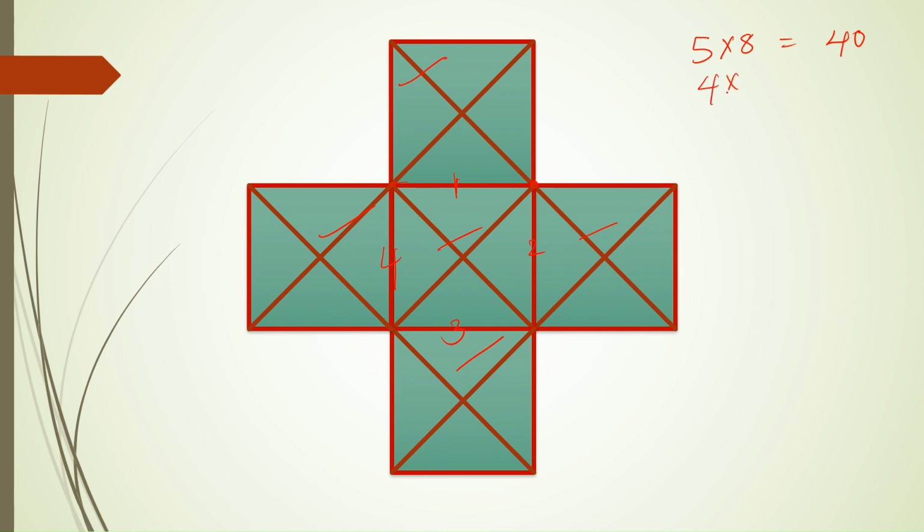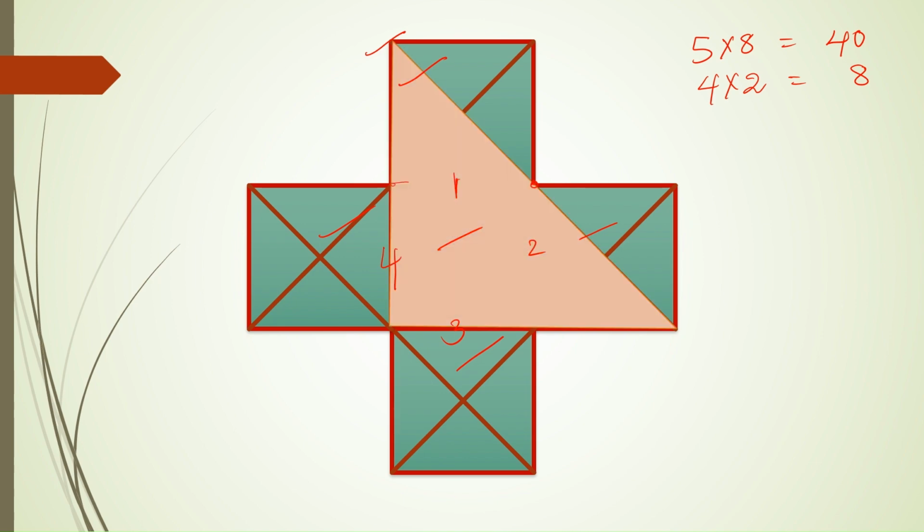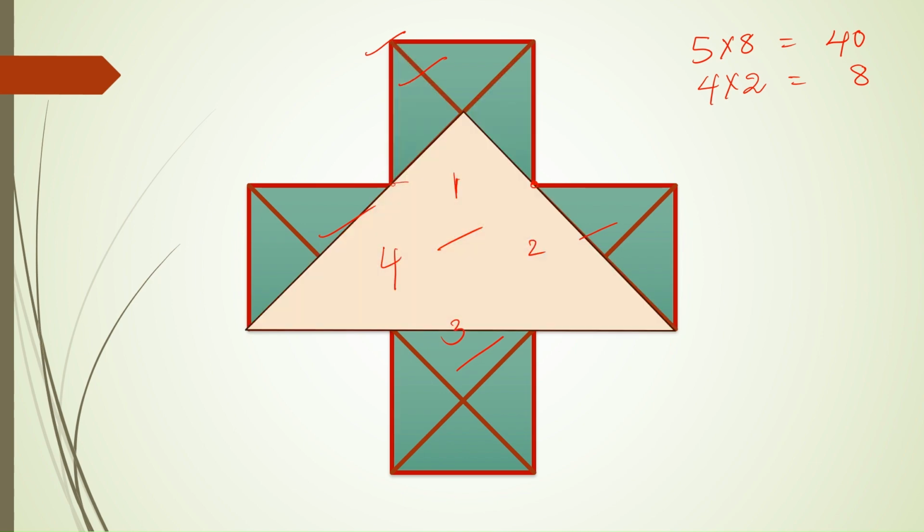So 4 into 2 makes 8 triangles, and if you see, this upper square is attached to the remaining part of the figure, and because of that we'll have 1, 2 and 3 triangles. Similarly, using this square and the remaining part there will be 3 triangles. Using this square and the remaining part, 3. Like that we will have 4 individual squares we have to take and consider the rest of the figure as one part, and then we will have 3 such triangles. So 4 into 3, that makes 12. In total here we will have 60 triangles.